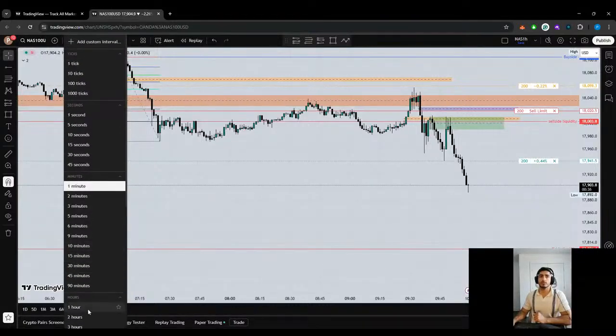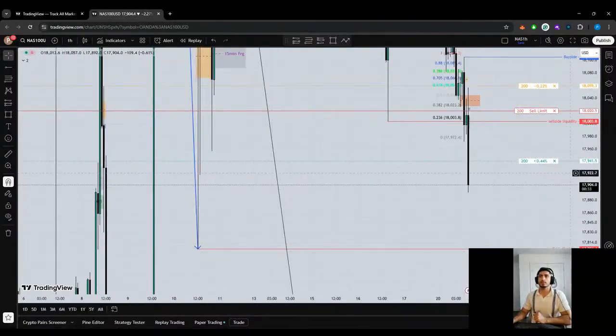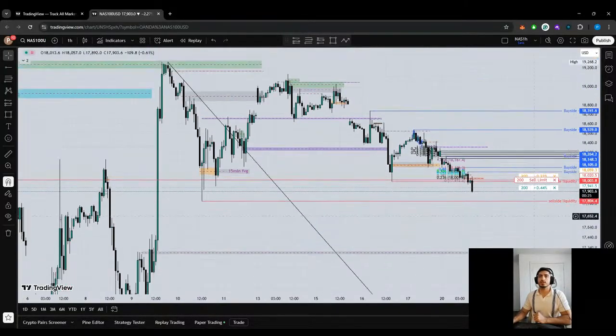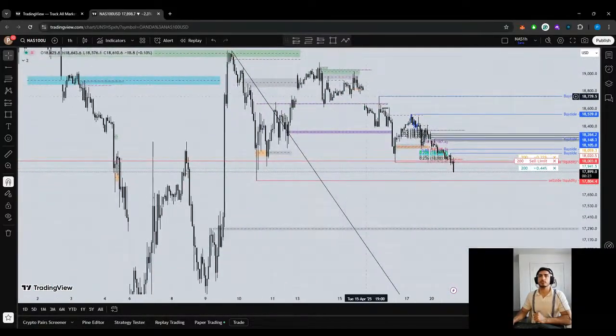Let's show you it on the 1 hour right here. Let me take this off right here. This is clear distribution, right, from this move up.